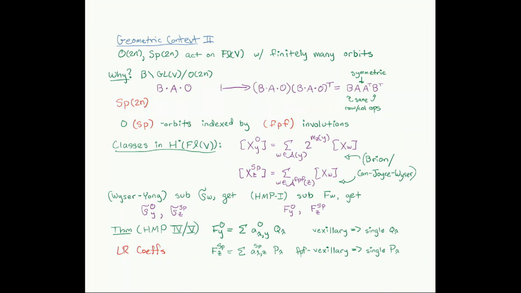And likewise, you can plug in Stanley's, and you get fixed point free and involution Stanley symmetric functions. And now the theorem that I'm going to state is where the shifted tableaux come from: they come from these Stanley symmetric functions. You actually get Schur Q and Schur P expansions that are non-negative.